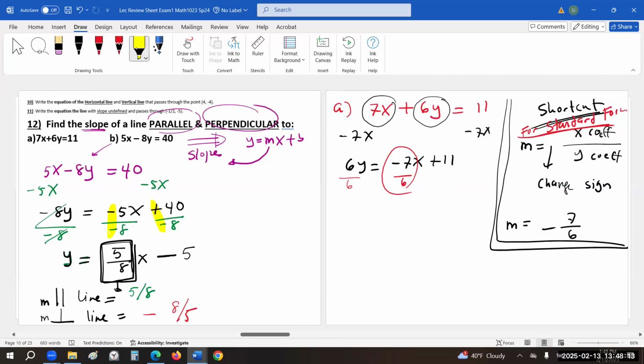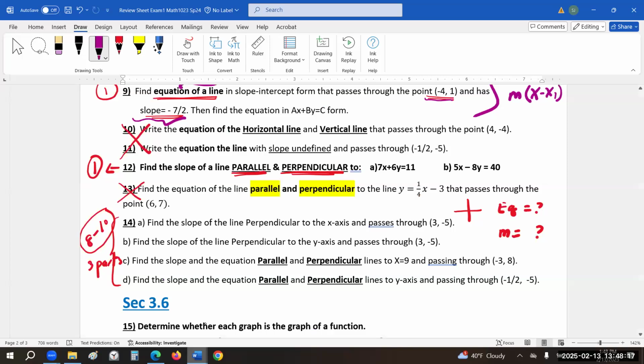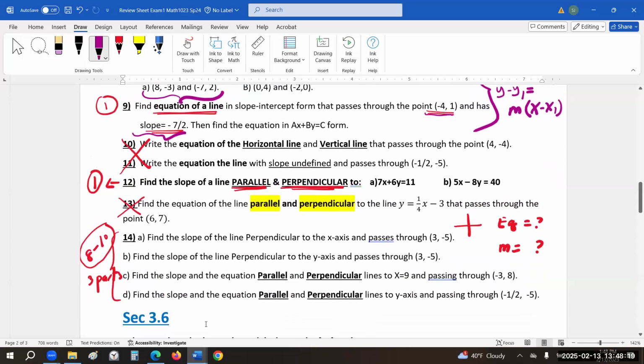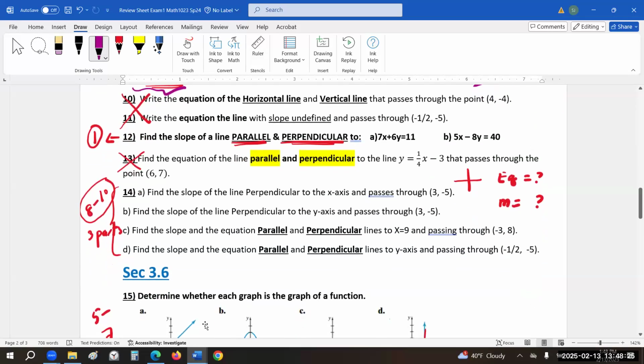Okay, so what do we have here? One from parallel and perpendicular finding slope, and then 8 or 10, I don't remember how many, with the no-work thingy.